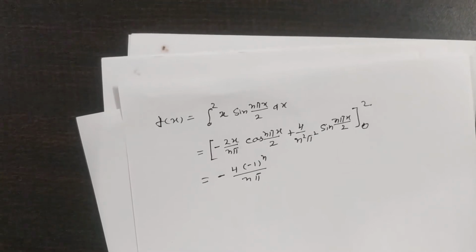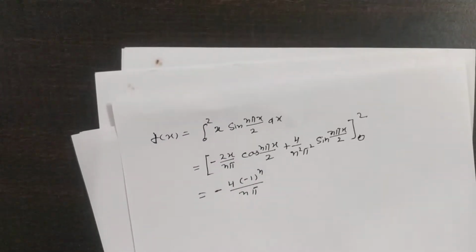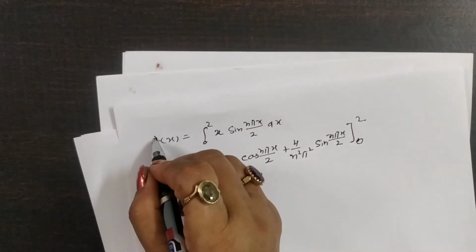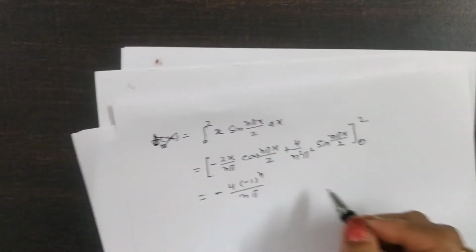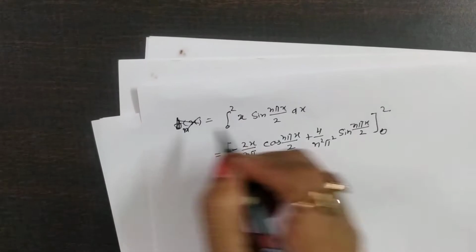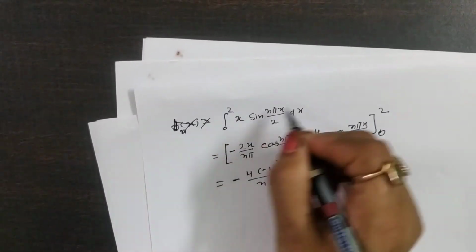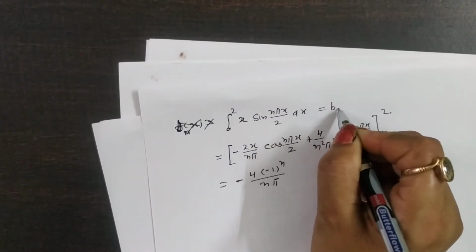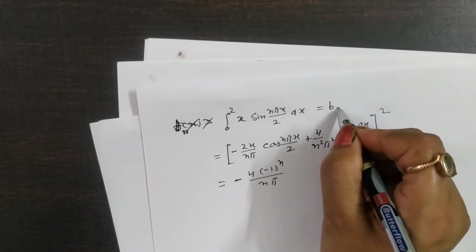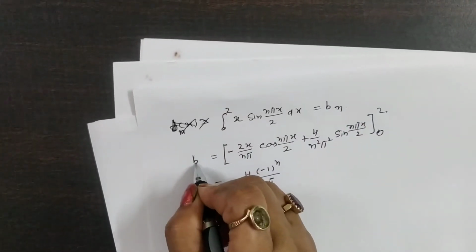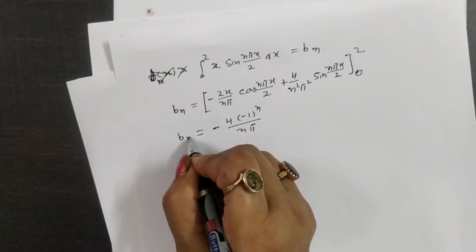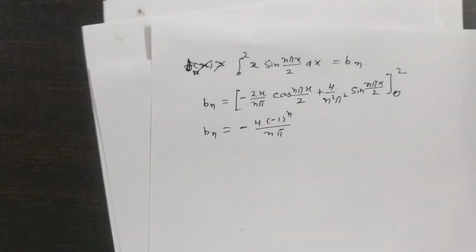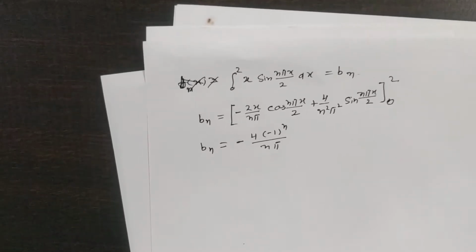You write down that this is bn, as I defined last time. So bn is this, and it is used in the function f of x, the Fourier series in sigma.